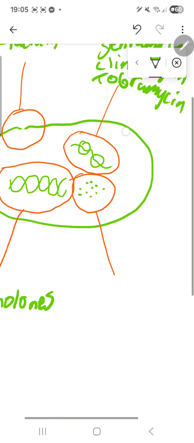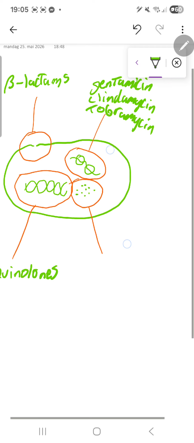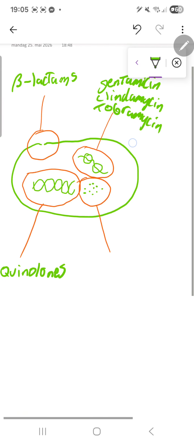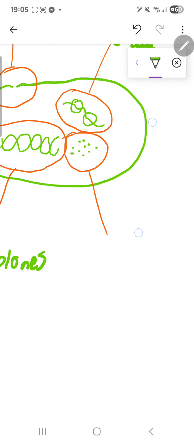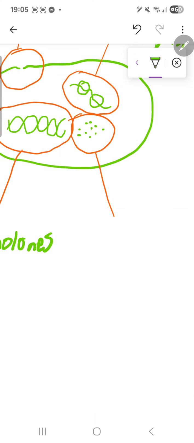And in this last class, there are antibiotics that can work by inhibiting the folic acid synthesis. And this inhibits the bacteria because they need folic acid to replicate their DNA, because it works as a cofactor for enzymes that are critical in the replication process.